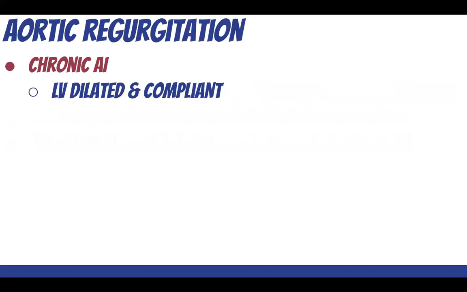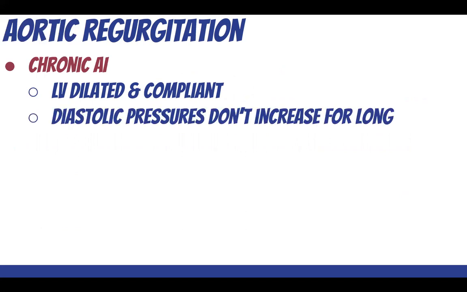In aortic regurgitation, it can be chronic or acute. In chronic, the LV is dilated and compliant, so they have lower diastolic pressures and less increase in diastolic pressures, and the pressures don't rise for a very long time. It's a different situation in acute aortic regurgitation.